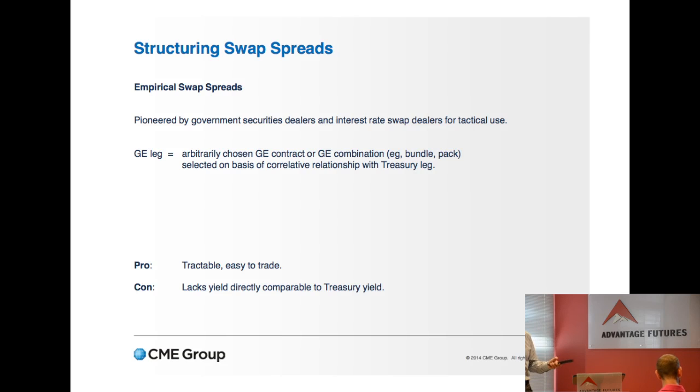Once you've got that, you can just sort of choose which Eurodollar future or combination of Eurodollar futures suits your taste. You might want something that is loosely correlated with the Treasury future. You don't want them marching in lockstep because you're not going to earn or lose very much on the trade.